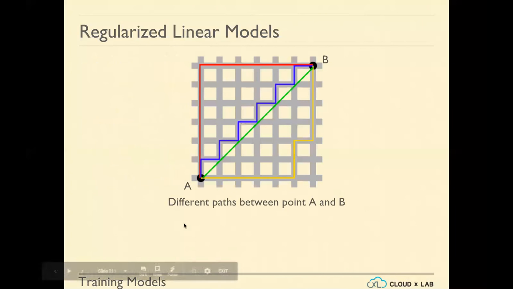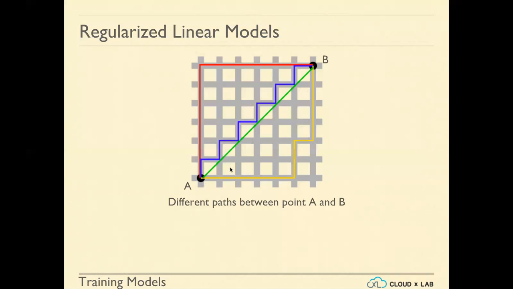Let's say we had to go from point A to point B. We are computing the distance between A and B. Had these been the tips of two vectors, then we would basically be finding the distance between the two vectors.